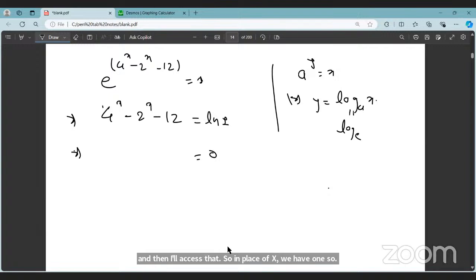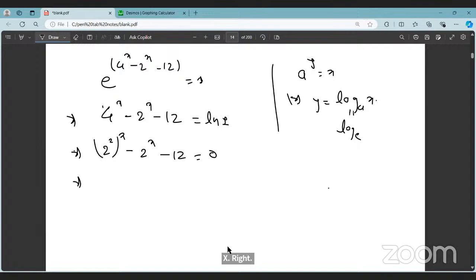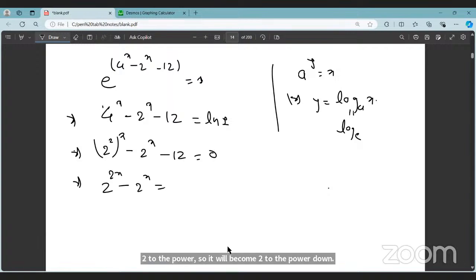So 4 to the power x minus 2 to the power x minus 12 is 0. In place of 4 to the power x, what you can do? 2 to the power 2 to the power x, right? So that all things will come into 2 to the power 3. So it will become 2 to the power 2x minus 2 to the power x equals 2.